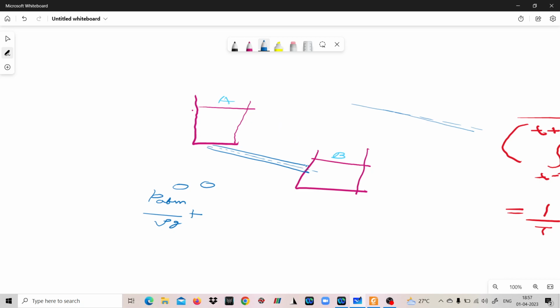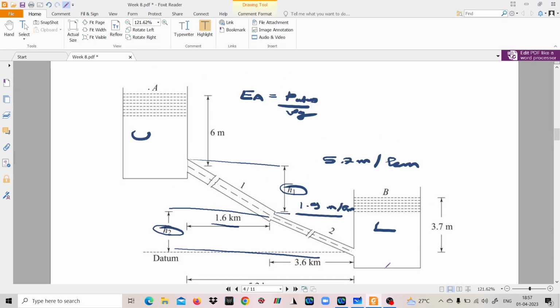Starting from this line, this particular horizontal line passing through this point is the datum. So from here to here, what is the value? This is the total datum head. Now if you look at the figure, this particular value is 6 meter plus h1 meter plus h2 meter.